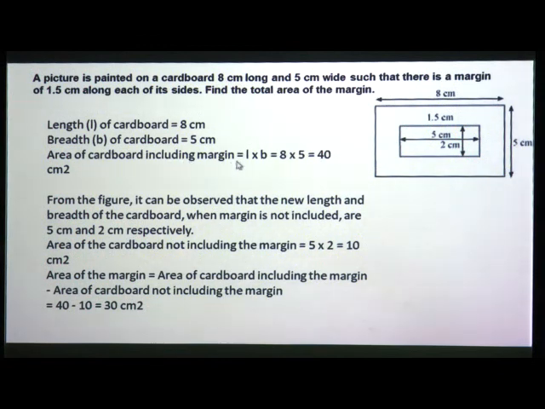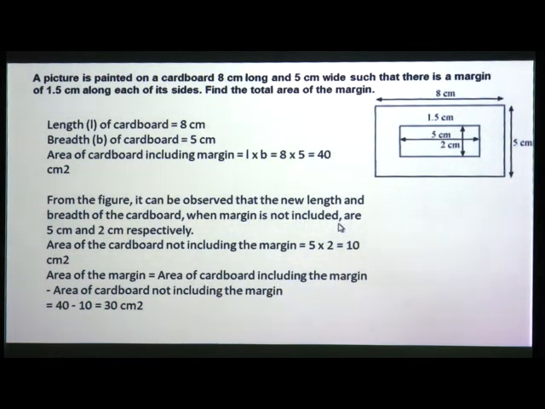the margin. Including means we are considering the margin also, and the area is nothing but length into breadth. So, we are considering length as 8 and breadth as 5 centimeter, which is equal to 40 centimeter square. It is square, not 2. From the figure it can be observed that the new length and breadth of the cardboard when the margin is not included.